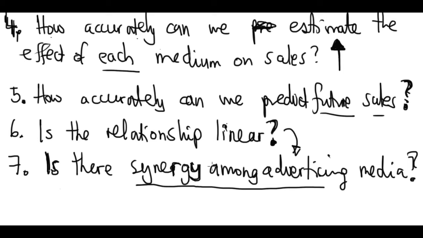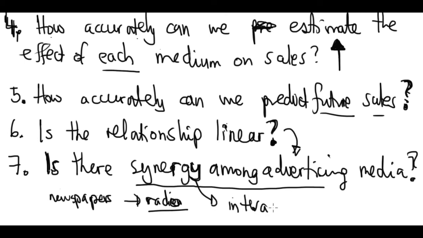When we advertise in newspapers, is that going to help our radio adverts more than us just advertising in radio by itself? So that is the synergy. It's known as synergy in marketing, and in statistics it is known as the interaction effect. In marketing it is the synergy effect. In statistics it's called the interaction effect.